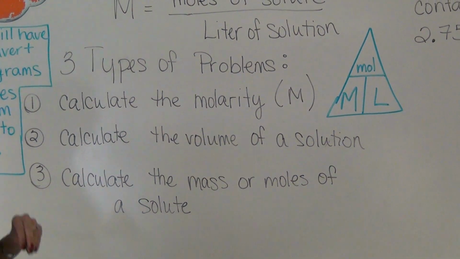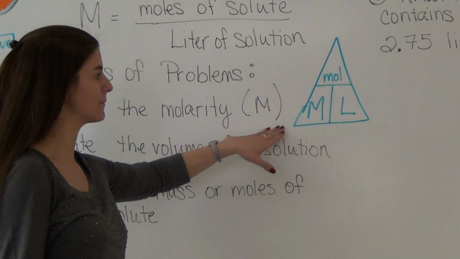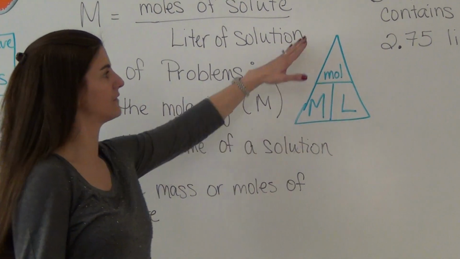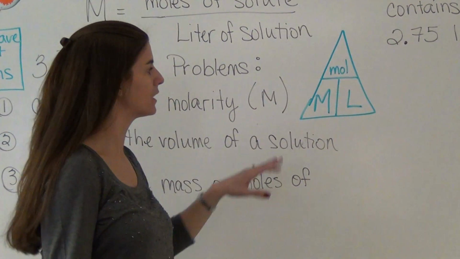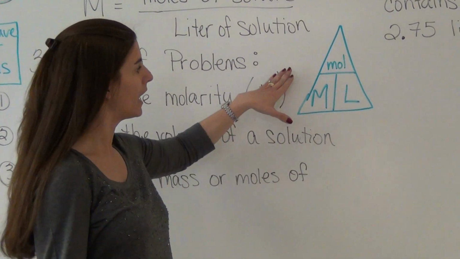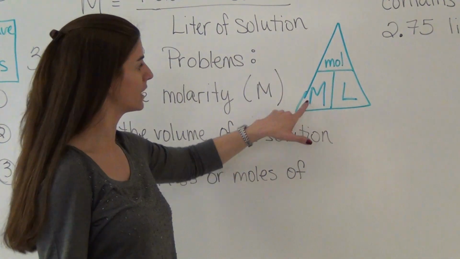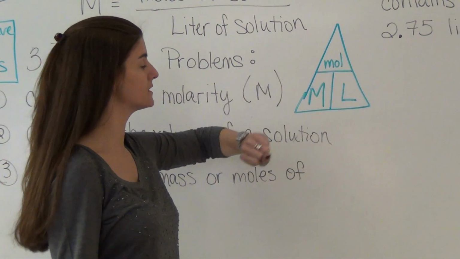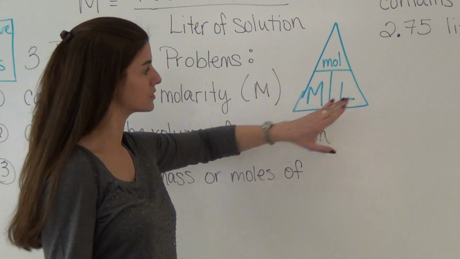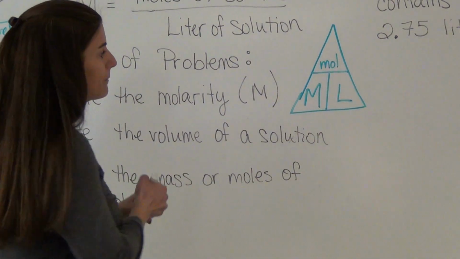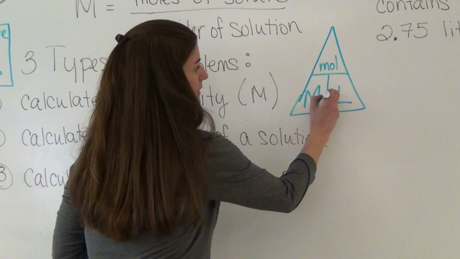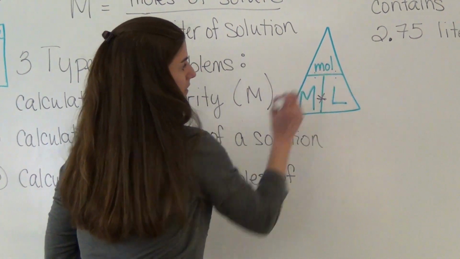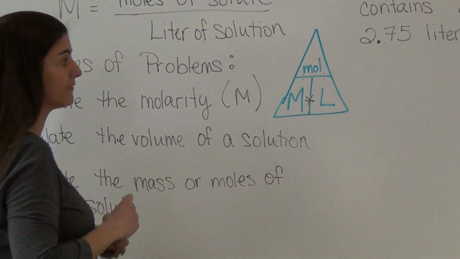So, if you remember back in the density chapter, we had this little triangle, and instead of density, in this case, we're going to have a capital M for the molarity, moles at the top, liters down at the bottom. And remember, you cover up whatever you're trying to find.